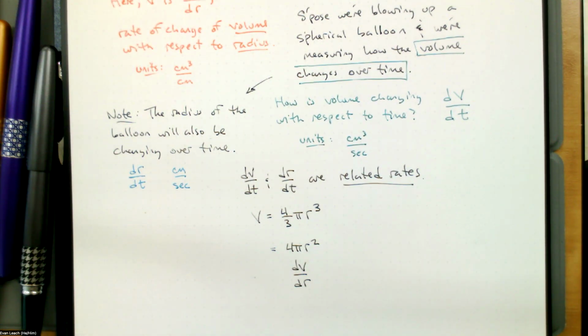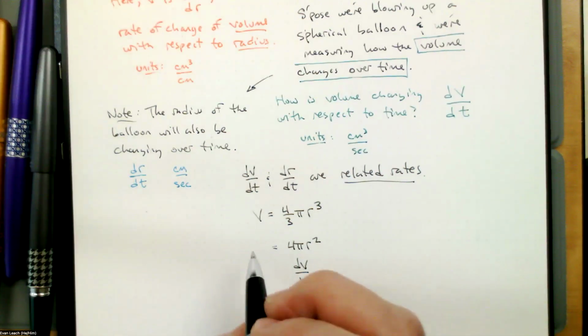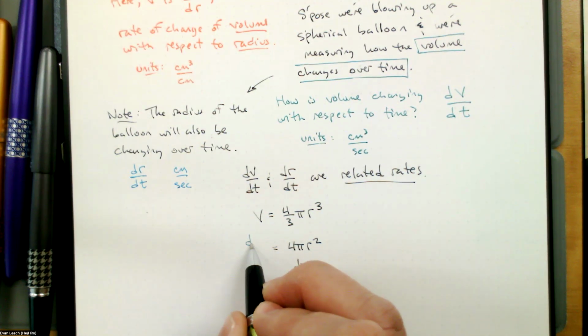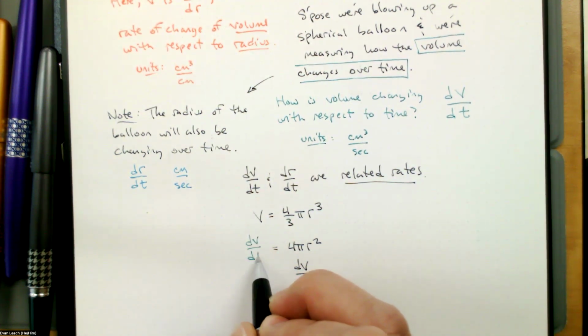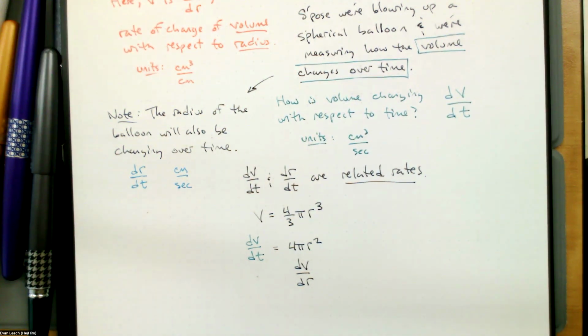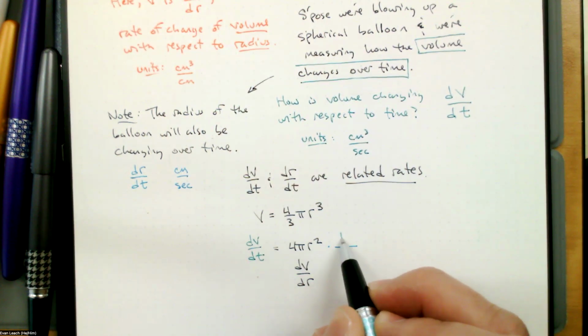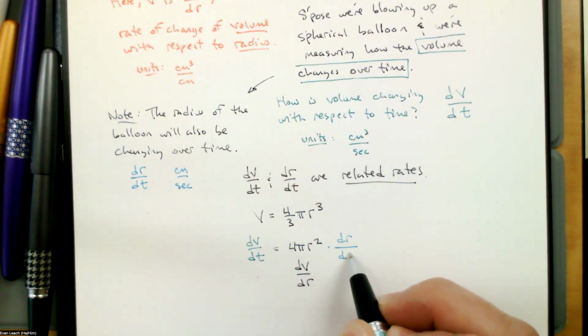But if we wanted to find the derivative of volume with respect to time, instead of just writing dV/dr or V prime, if we wanted to know how the volume was changing with respect to time, we would need to use the chain rule. So the derivative of volume with respect to time is the derivative of volume with respect to the radius multiplied by how the radius is changing with respect to time.